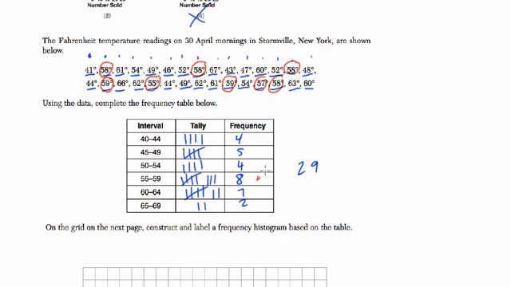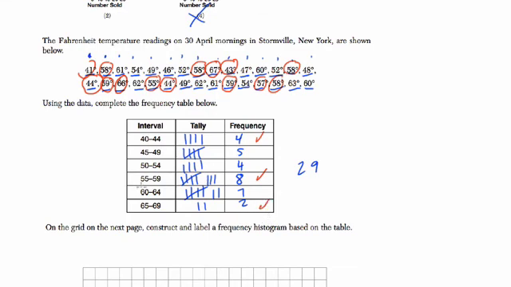Okay, that one's okay. 40 through 44. Go through them all again. 1, 2, 3, 4. Okay, that one's okay. 65 to 69. 1, 2.